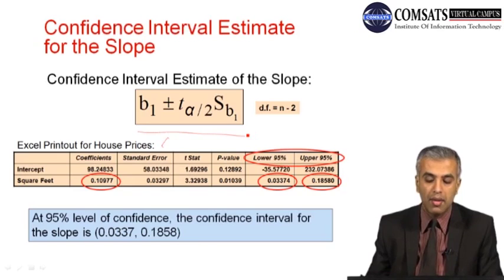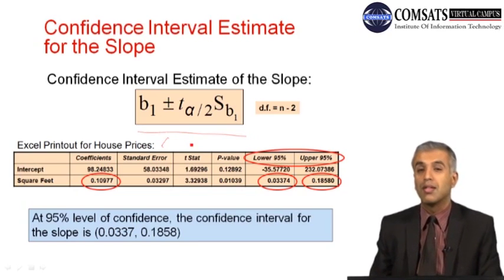So basically we are given the lower and upper level of the confidence interval here and the relevant coefficient. Through this formula, this whole confidence interval estimate can be easily calculated.